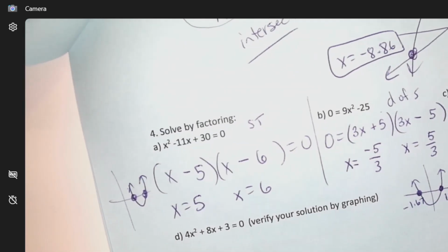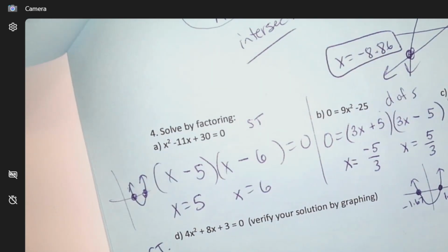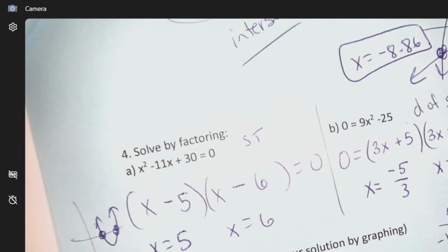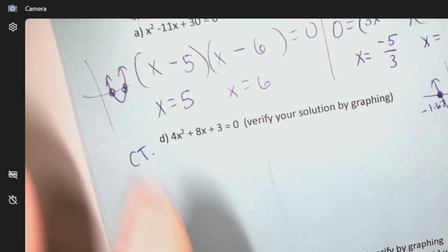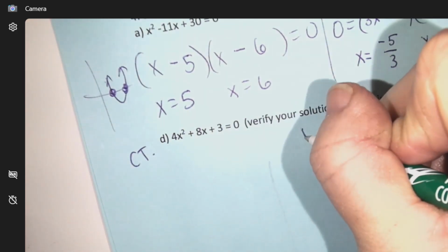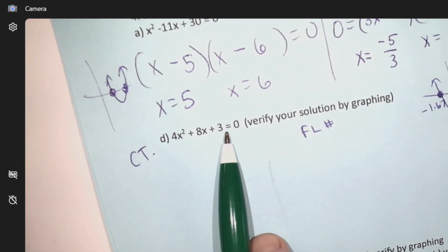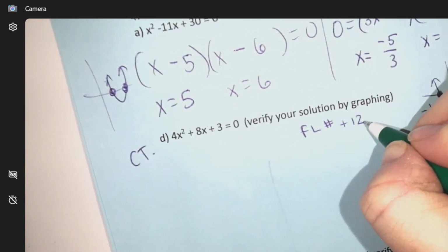Okay, and then the last style, we have 4 styles. This one is the complex trinomial because there's 3 parts and it starts with not a 1x squared. Okay, so here's what I'm going to do. I'm going to think about my FOIL. So what's the F and L? First times last is 12.